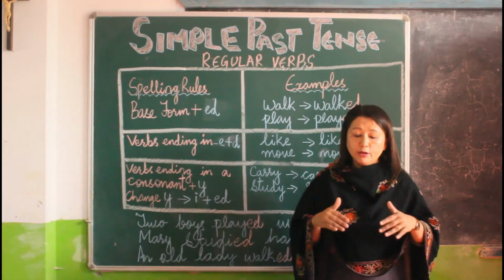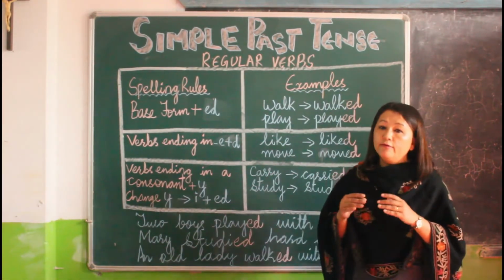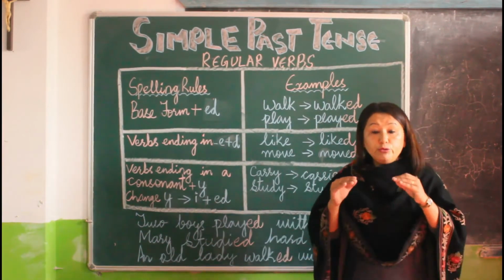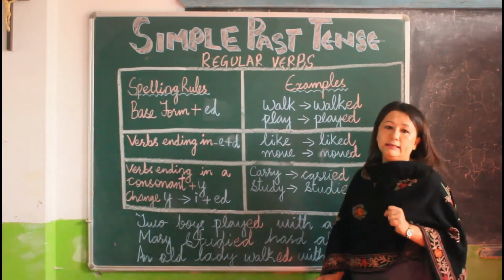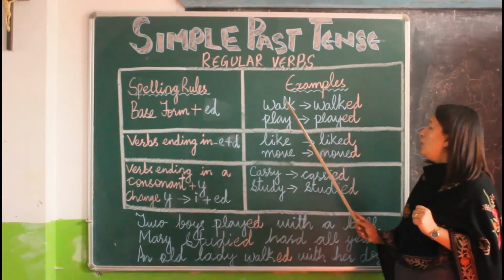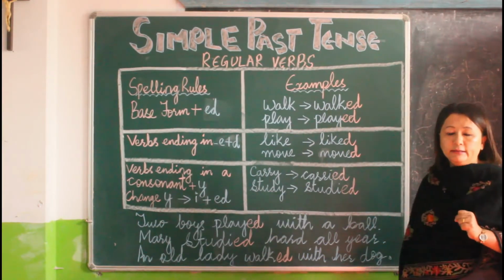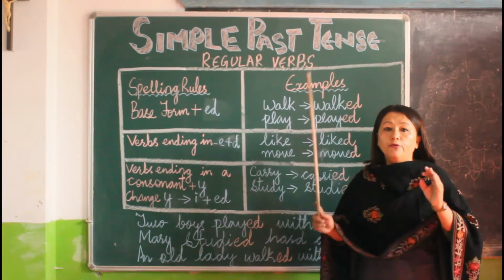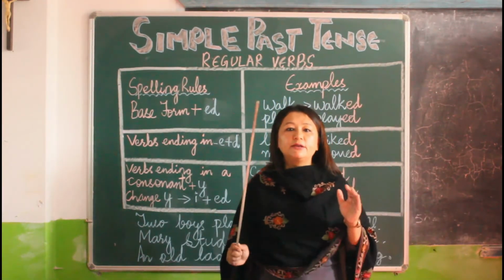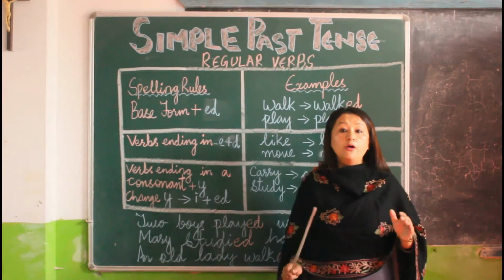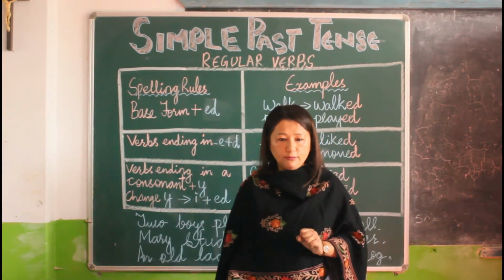That means when you are using a regular verb, you do verb plus ed. For example, walk, walked. Play, played. So, verb plus ed is the basic form for simple past tense verbs.